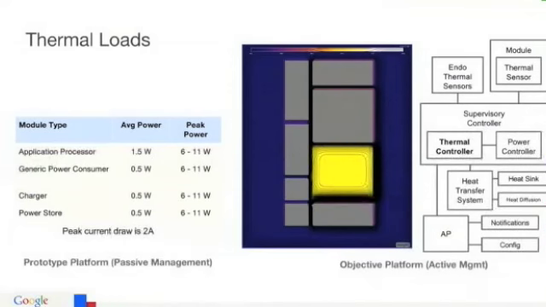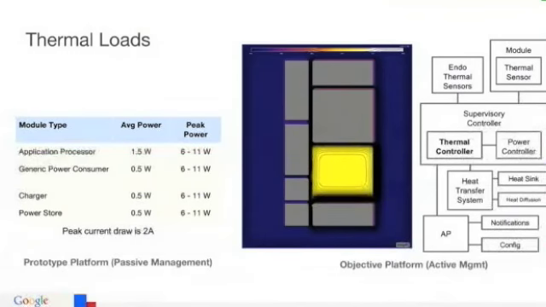We're also thinking of potentially involving the user, right? So if you have a phone configuration where two very active and very hot modules are placed right next to each other, we could send a notification to the user and tell them, this is not an advisable configuration, please swap your modules.